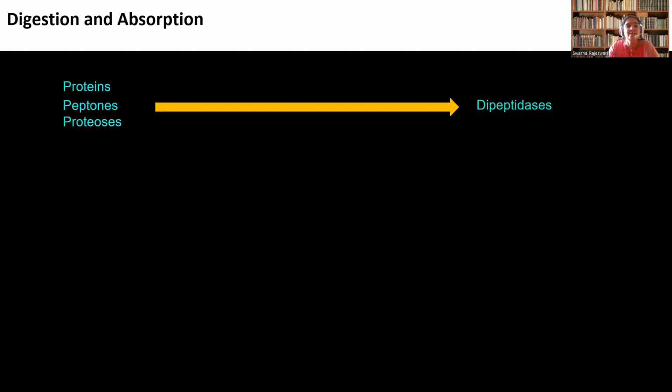Now coming to the intestinal digestion, that is, the digestion happening in the intestine. Here we know proteins, proteoses, and peptones are released from the stomach and enter the intestine. They are converted into dipeptides with the help of trypsin, chymotrypsin, and carboxypeptidases.